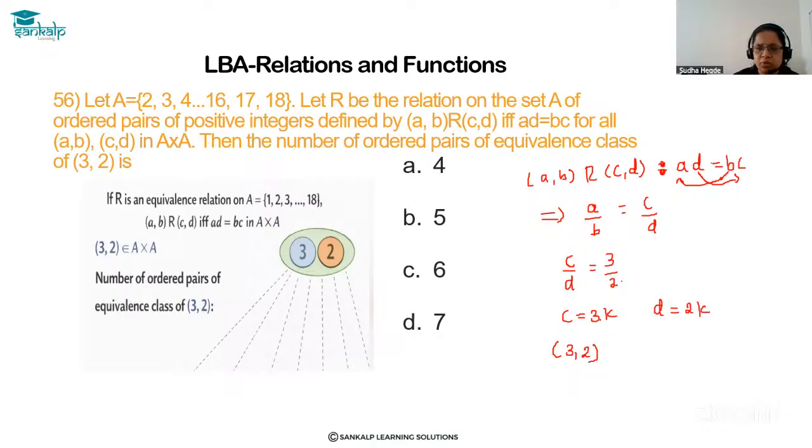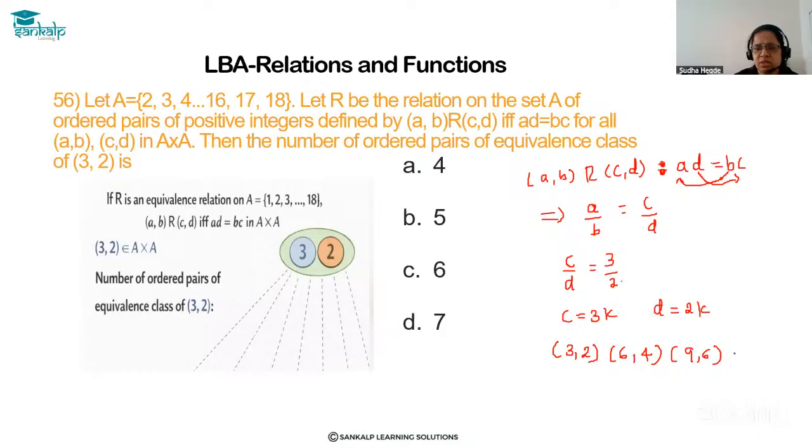Next pair, you multiply 3 by 2 and 2 by 2. 3 into 2 is 6, 2 into 2 is 4. Correct? The ordered pair (c, d) you are finding. Next, 3 into 3 is 9, 2 into 3 is 6.